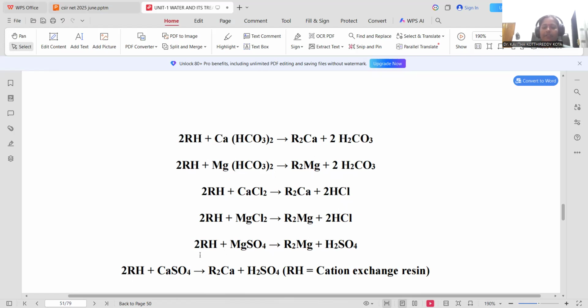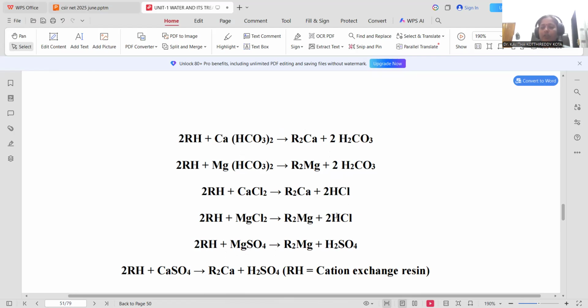In case the cationic resin is treated with salts like magnesium sulfate and calcium sulfate, they are able to retain the metal, and free release of sulfuric acid into the water is possible. Ultimately, cations are retained by the resins, and there is free release of acids into the water.